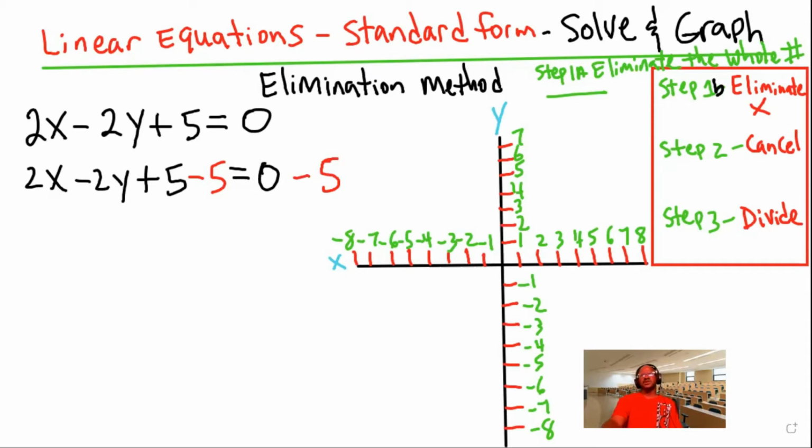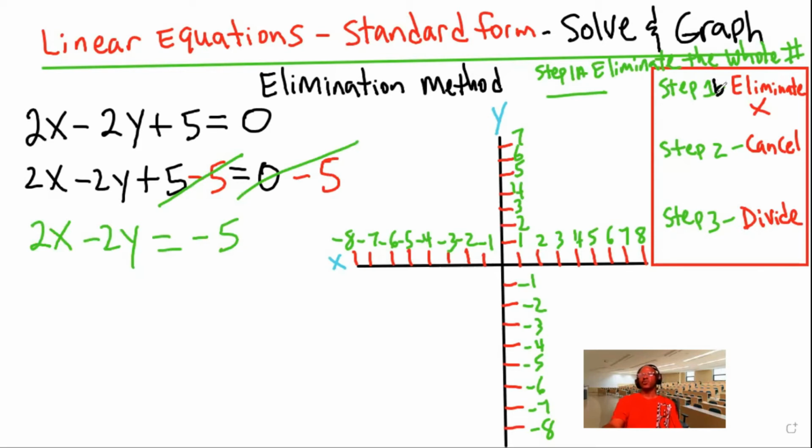And that gave us the ability to get rid of this 5 right here. Let's bring everything else down. Now we have 2x minus 2y equals, and we know 0 minus 5 is -5, right? Now we have the same type of challenge we've been doing in the previous challenges, okay? So this is exactly the same thing we've been doing.